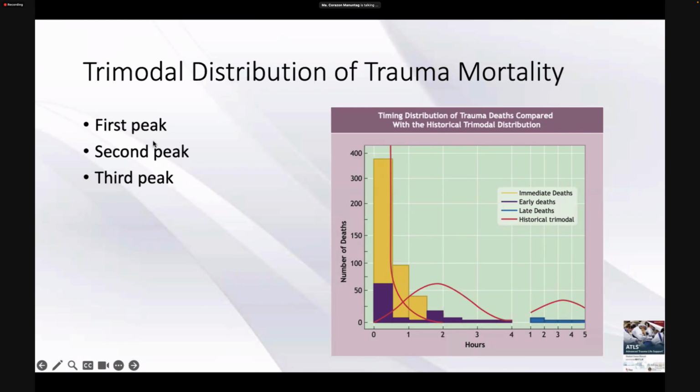So again, from a trimodal, because of improvement, especially in very developed trauma systems, we have been able to control this to just two peaks: the early minutes from injury and the prolonged phase, which is still your sepsis and multiple organ dysfunction phase.